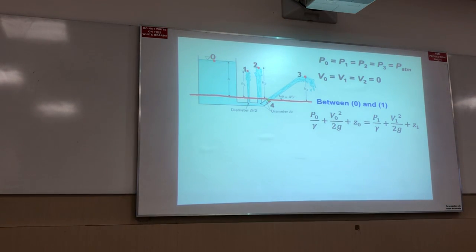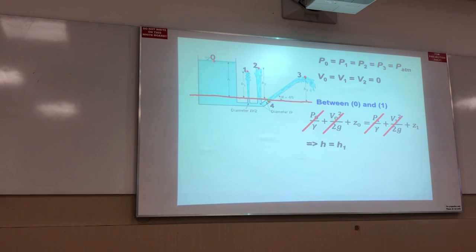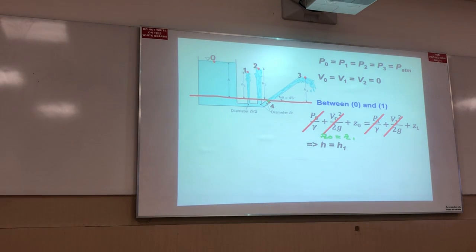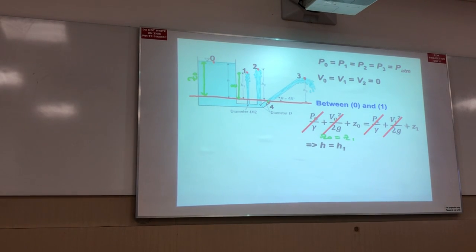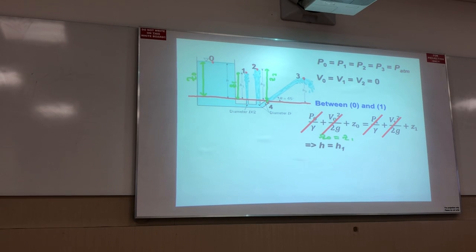Then you can see, I can cancel. Then I can say H becomes H1 because Z0 becomes Z1. The distance from here to here Z0, here to here Z1, here to here Z2, Z3.